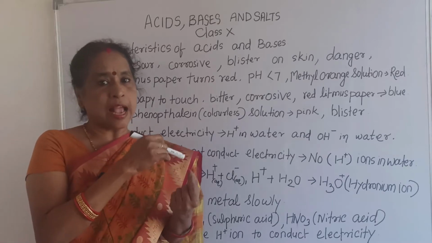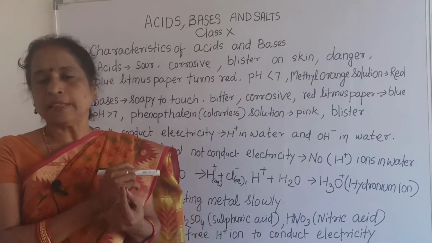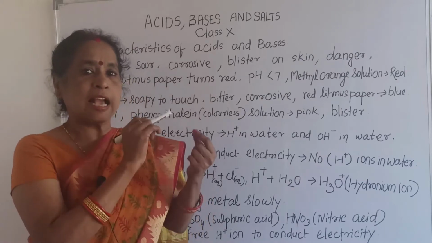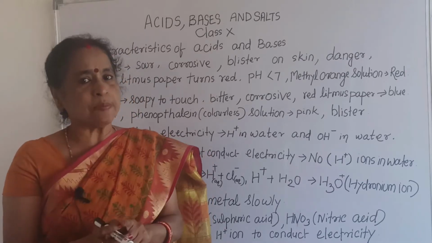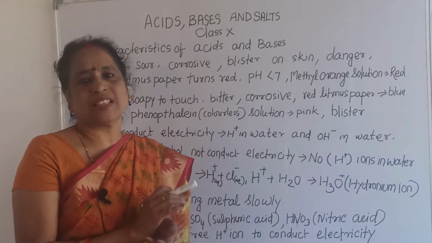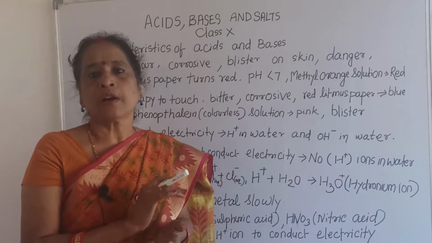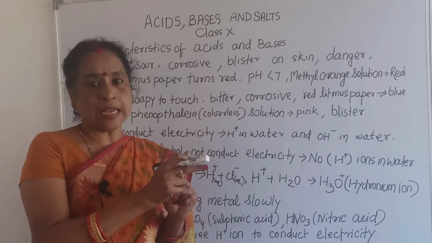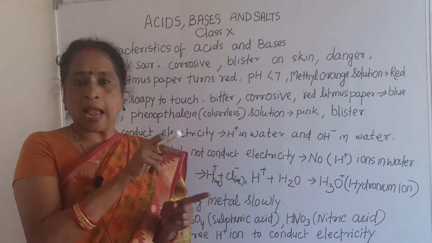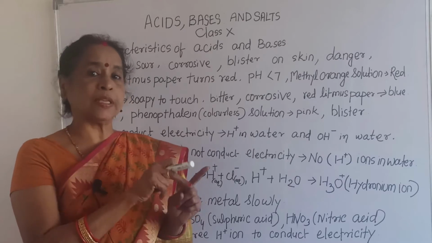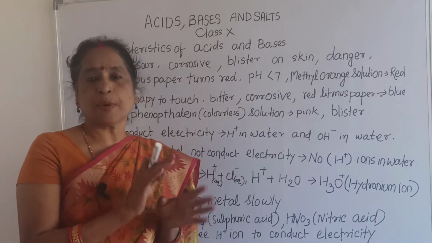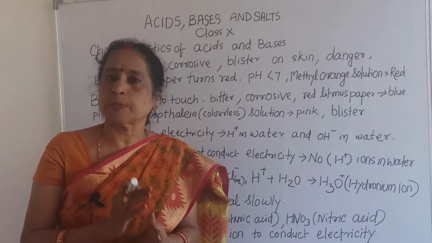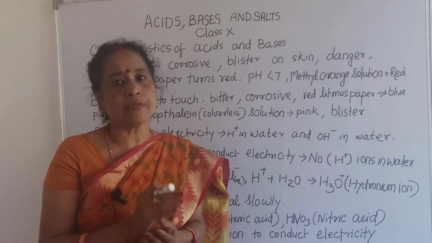Similarly, free OH minus ions are there when base is in water. That means H plus ion and OH minus ion are both responsible for the conduction of electricity. But an important point: the base should be in water, and the acid should be in water. In the presence of water only, they produce free H plus ion and free OH minus ion, which are responsible for the conduction of electricity.